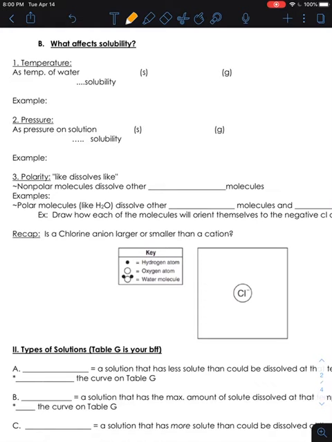So as you increase the temperature of the water, more likely than not, the solid is going to become more soluble. So as the temperature of water increases, solubility is going to increase.